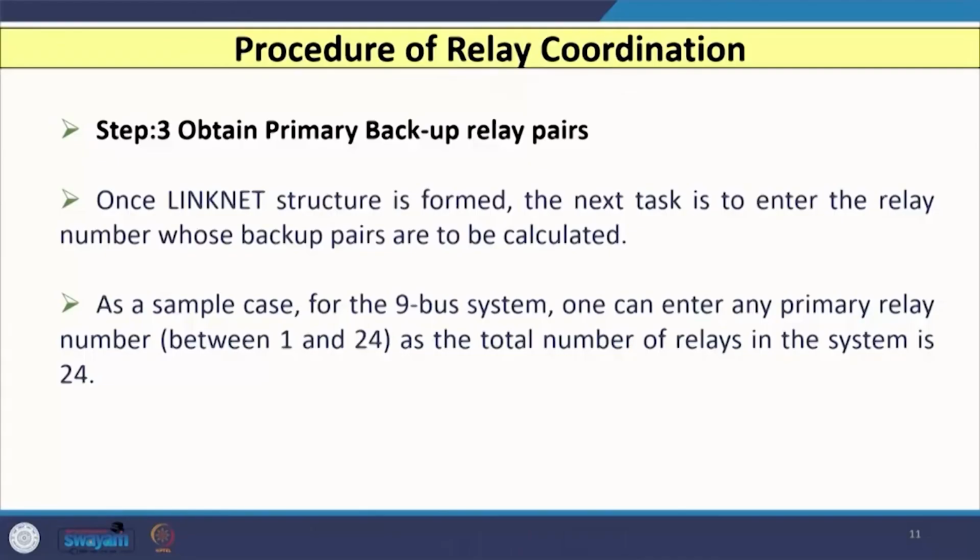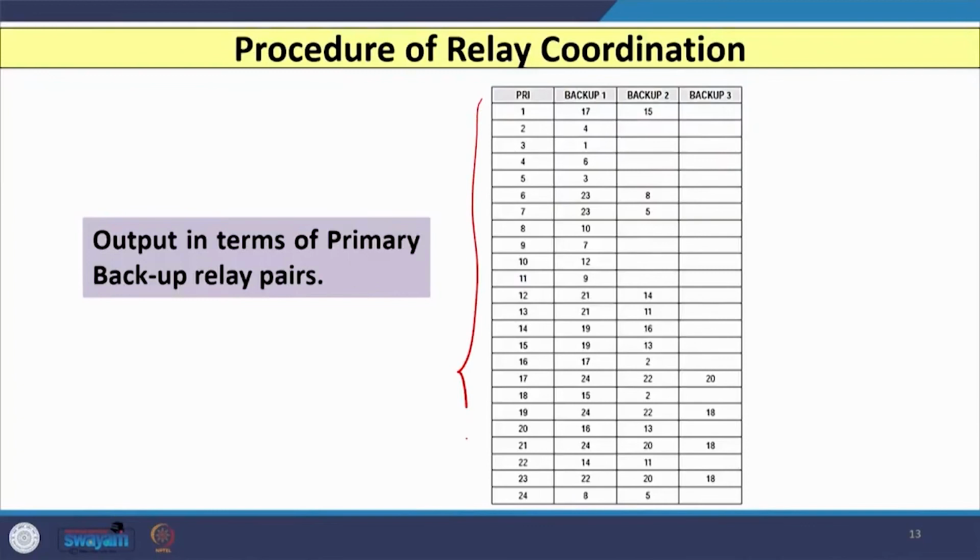Once you have this, and if you have such type of code, let us say in MATLAB, then you can obtain the primary backup relay pairs, and you will have the output of primary backup relay pairs, that is the output of algorithm 2, like this, where the first column shows the primary relays. So, all 24 relays are there, and for each relay I have written which relays will provide backup.